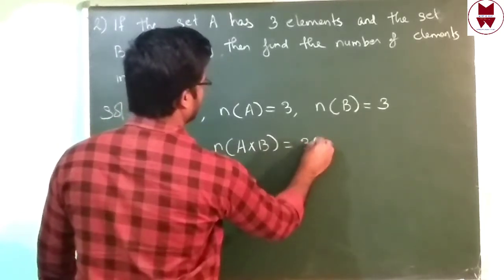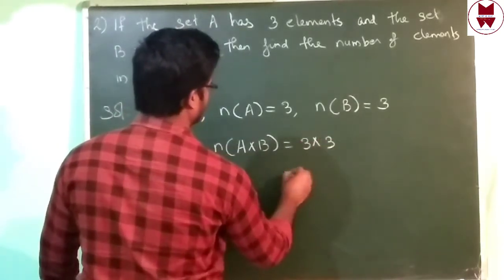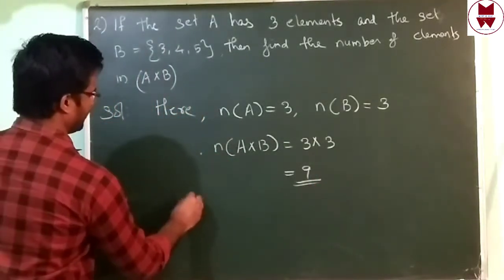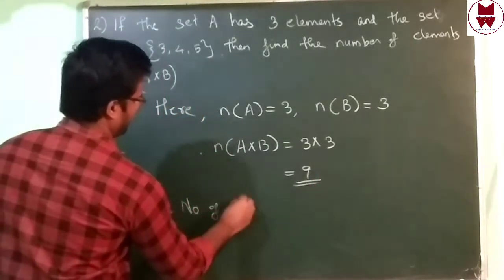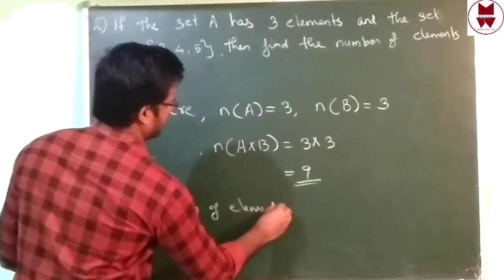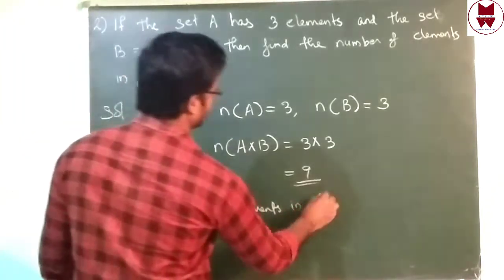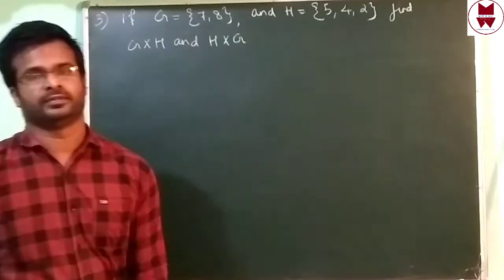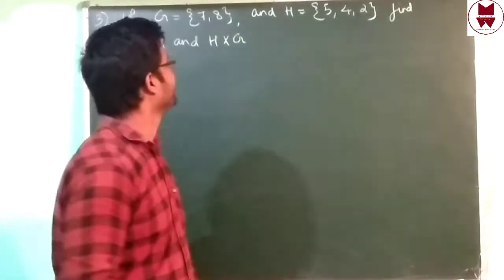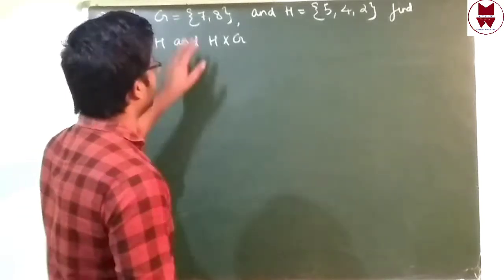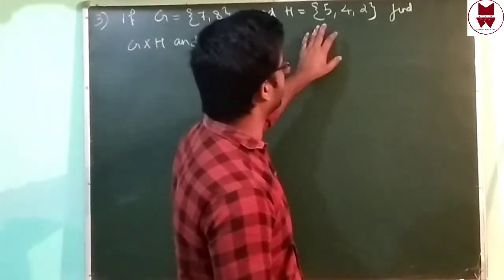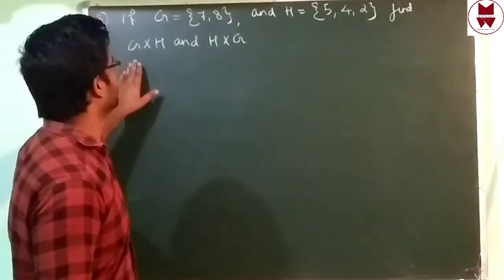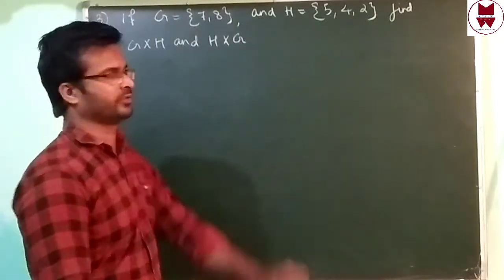That is 3 into 3 equals 9. Therefore, the number of elements in A cross B is 9. Question number 3: G equals {7, 8} and H equals {5, 4, 2}. Find G cross H and H cross G.